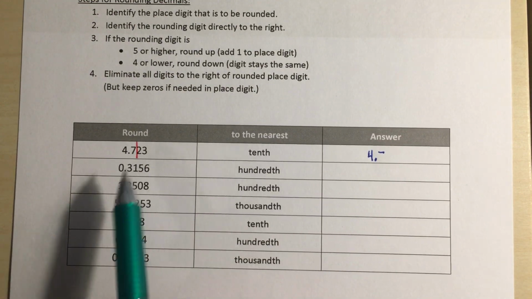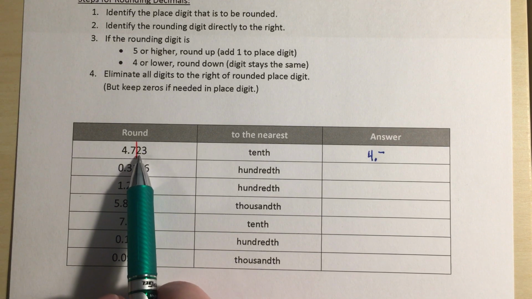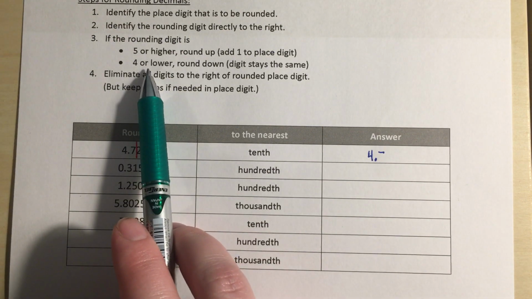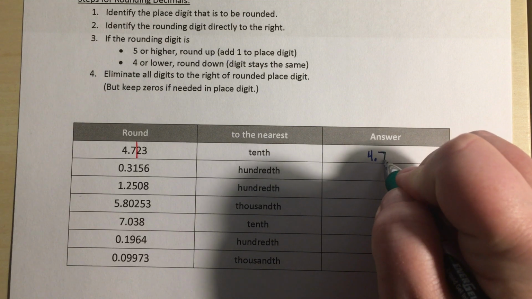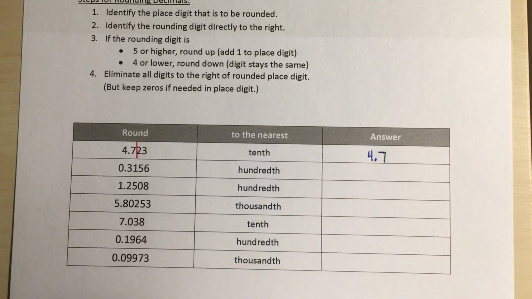And then as we look at this, to the right of that red line that we have there, we have a 2. That means that 2 is 4 or lower, so our digit is going to stay the same. So our answer is going to be 4.7.